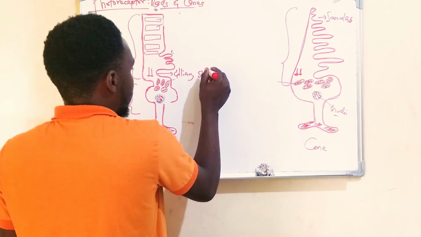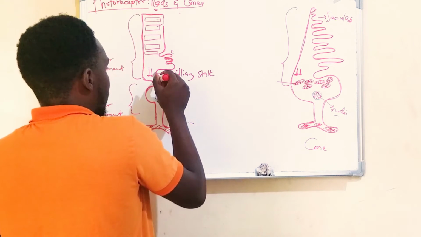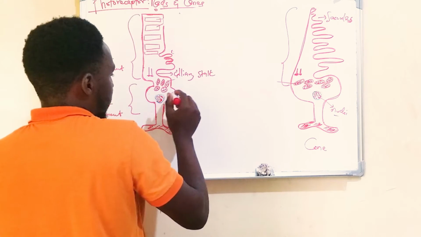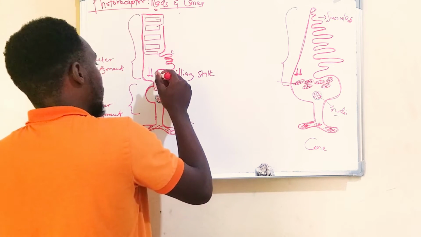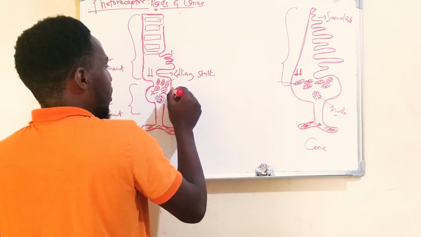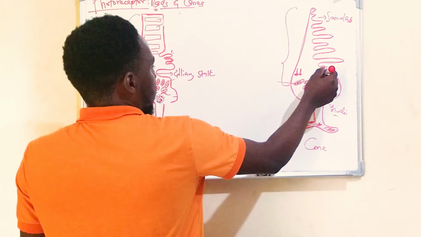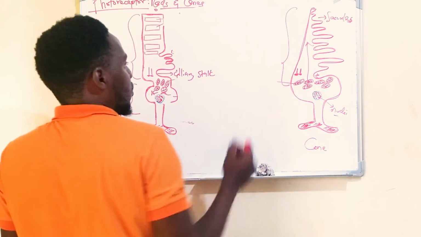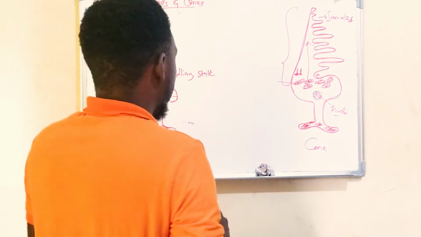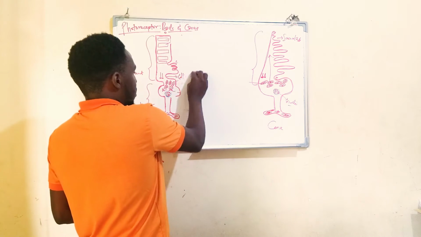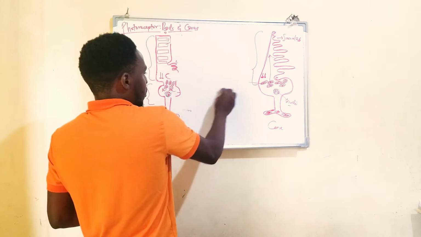When the photosensitive compounds have been synthesized in the inner segment, they pass through this ciliary stalk, then go into the outer segment of the cones or the rods.